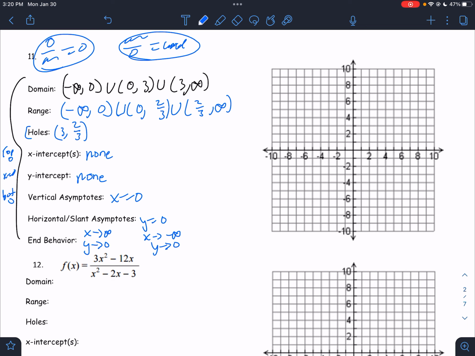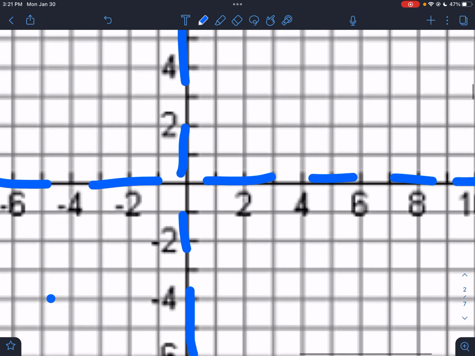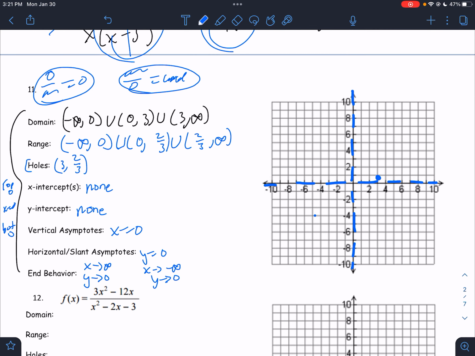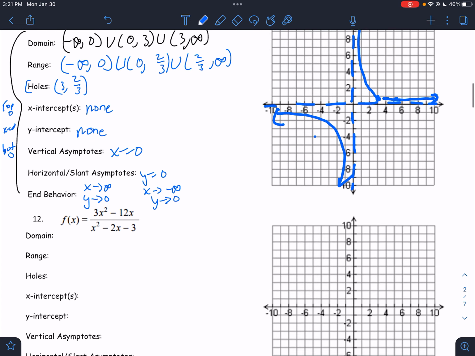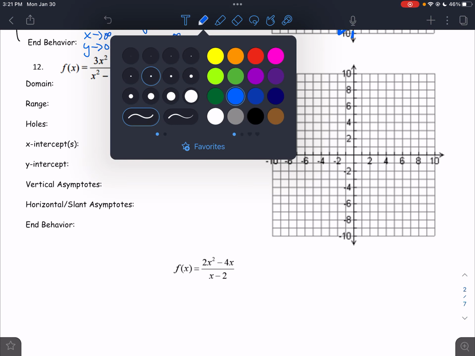We have a vertical asymptote at x equals 0, a horizontal asymptote at y equals 0, and a hole at 3, 2/3. 1, 2, 3, 2/3, right there. I don't know how specific they want you to get, but the graph is going to look something like this. If you need any more coordinates, you just make a table. I don't know what all they want you to do. I'm moving on though.